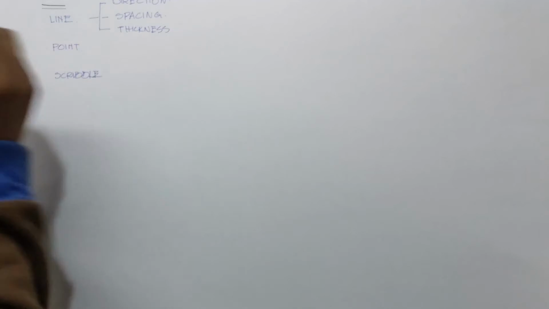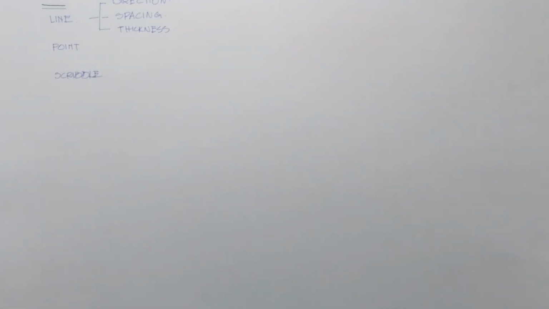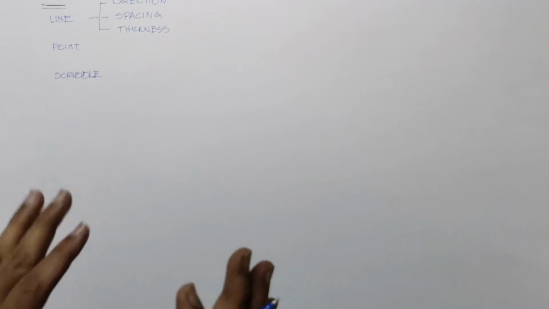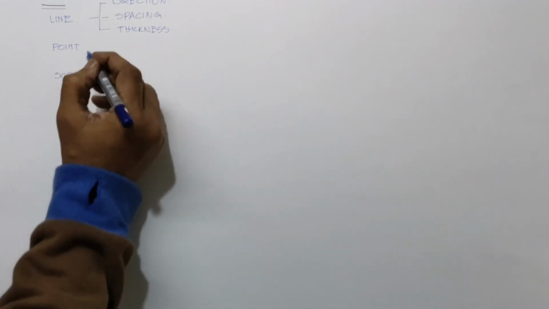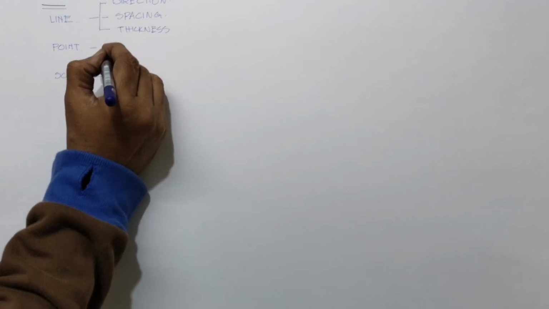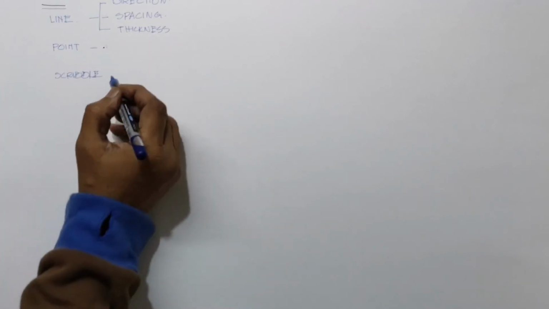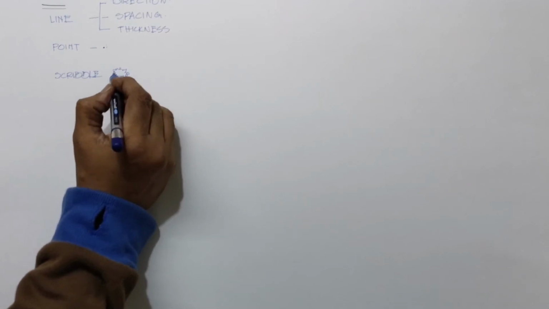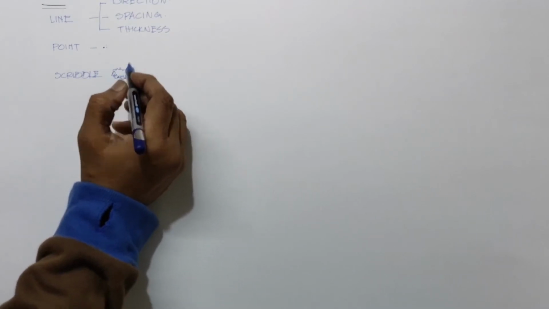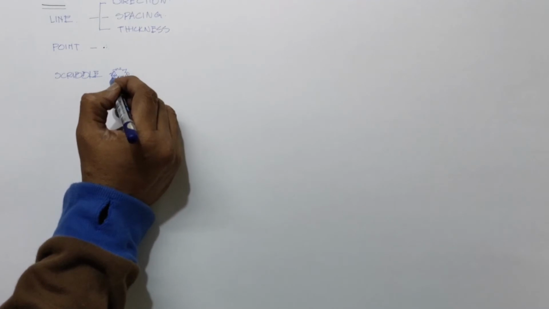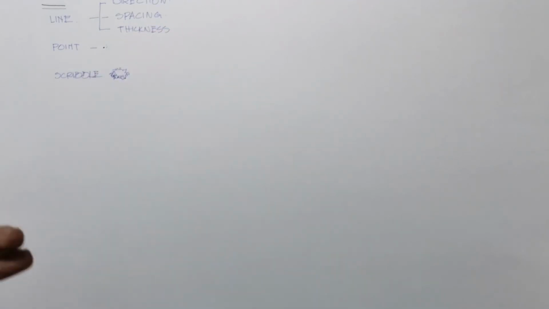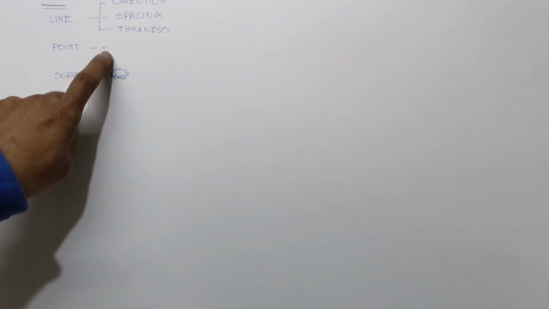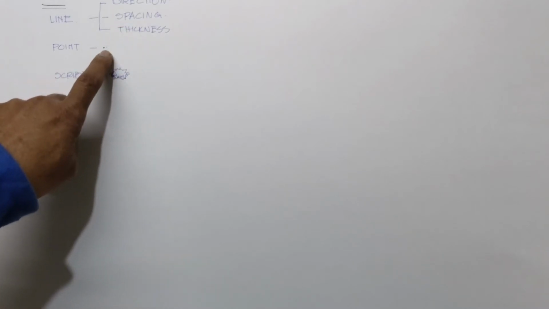So in line we have the direction of the line you are drawing for hatching, the spacing you are giving, and the thickness. Point is just a dot. Scribble is something like this. This is called scribbling. Here also we have spacing, we have direction, and thickness is also there. In point also we have spacing, but I don't think we have any direction, though we can show a direction.